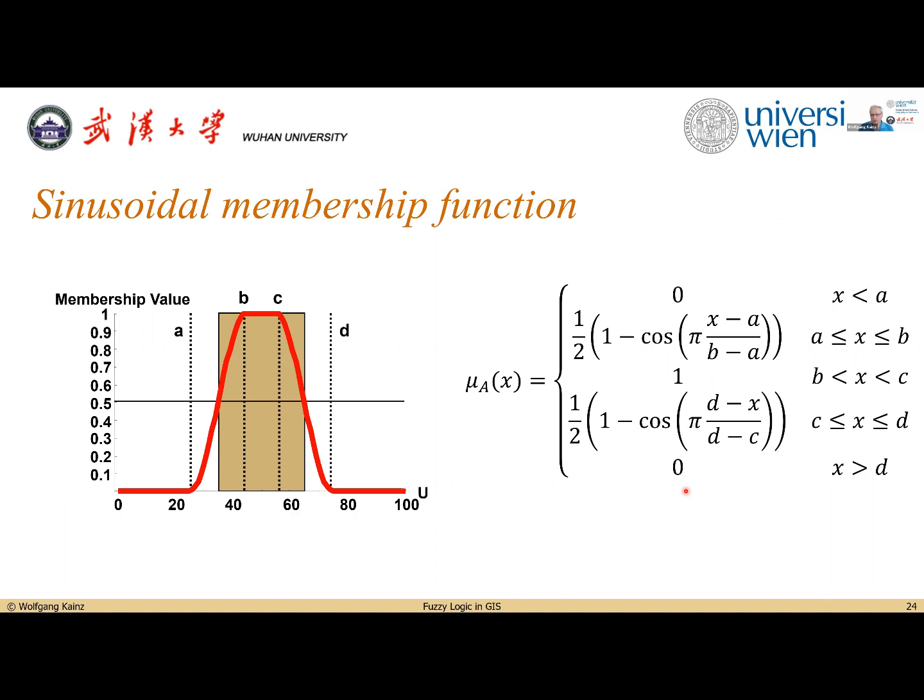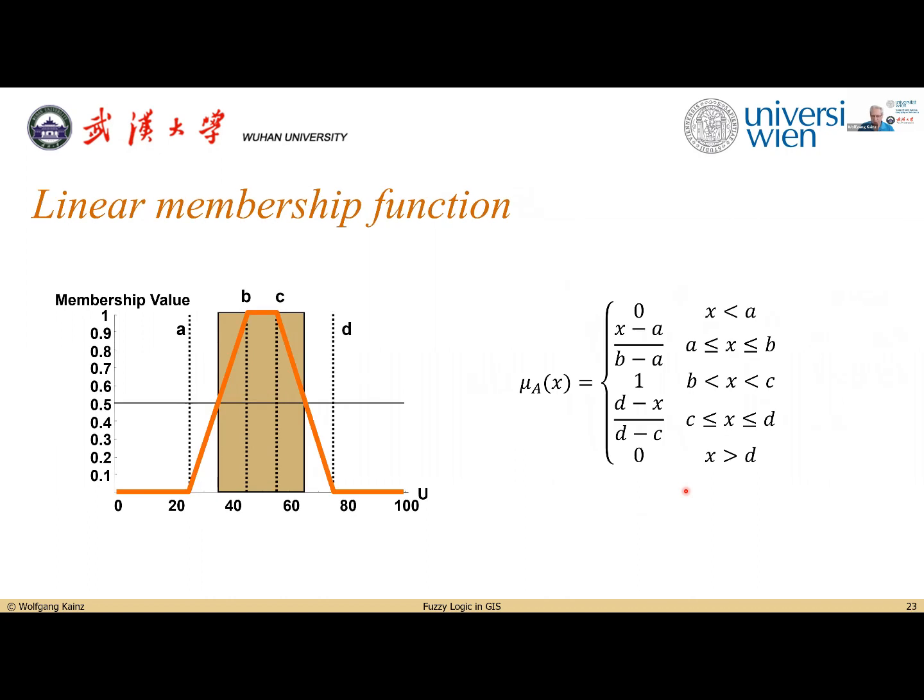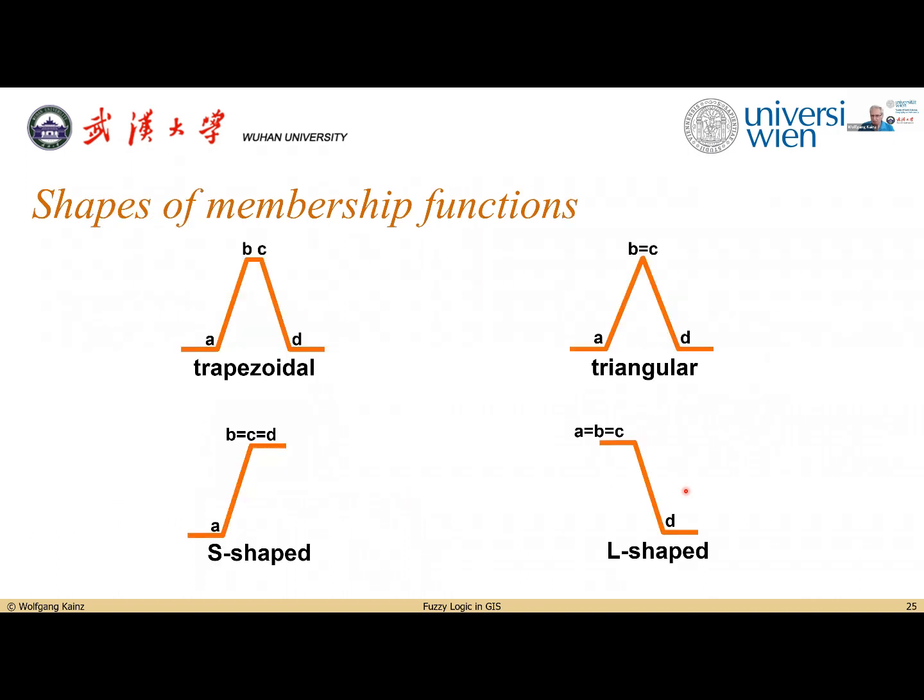Now, I mentioned before, with that type of general membership function, you can express many different concepts or models. And we will use the linear membership function to explain these different concepts. Now, let's look at this. This is the most general form of the linear membership functions with the 4 parameters a, b, c, and d.